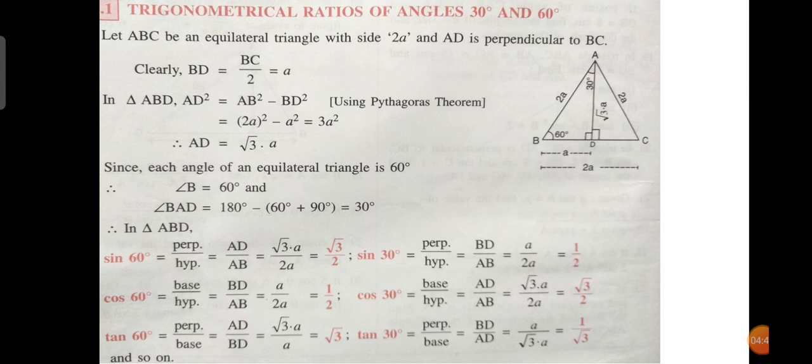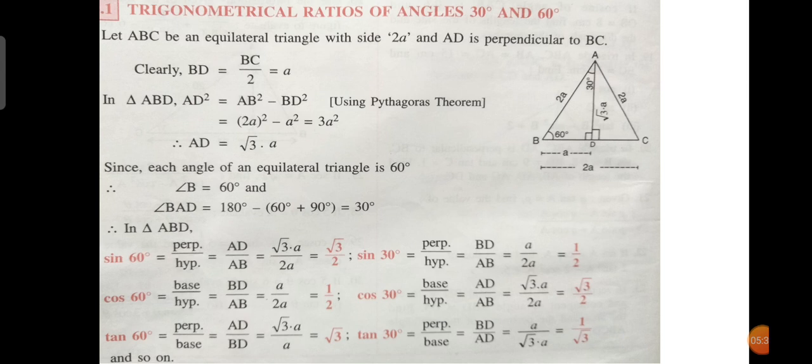Then AD square is AB square minus BD square. AB is 2A, so (2A) whole square minus BD, which is A square, gives 3A square. Then AD is the square root of 3A square, which is root 3 into A.